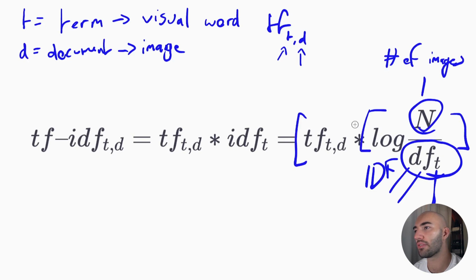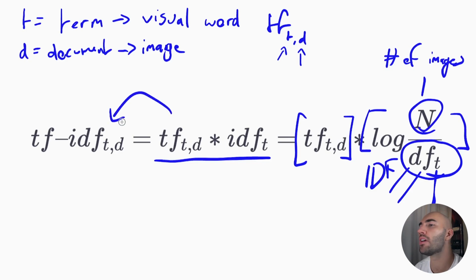This is the term frequency. We multiply those together and we get this, and that gives us the TF-IDF. Now, the IDF part, it's useful to understand: we have a number of images, and the number of images does not change based on which image you're looking at.